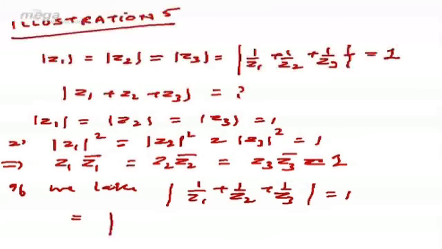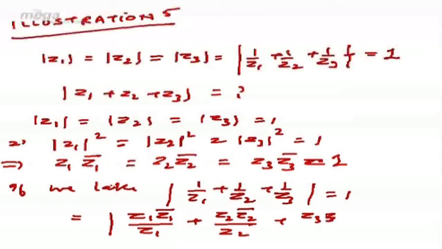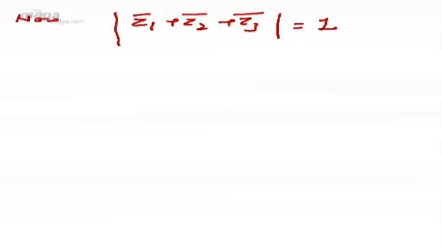If we put z1 bar in place of 1 by z1, then it becomes z1 bar divided by z1, z2 bar divided by z2 plus z3 bar divided by z3 is equal to 1. Now mod of z1 bar plus z2 bar plus z3 bar is equal to 1, and we know the property that mod of z is equal to mod of z bar.